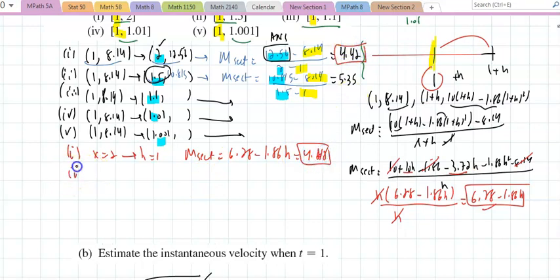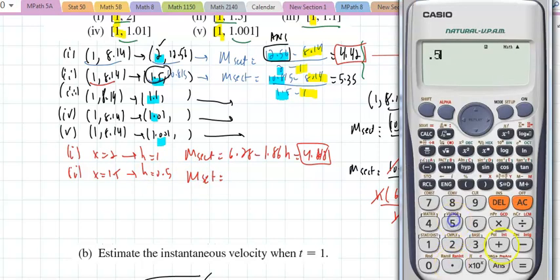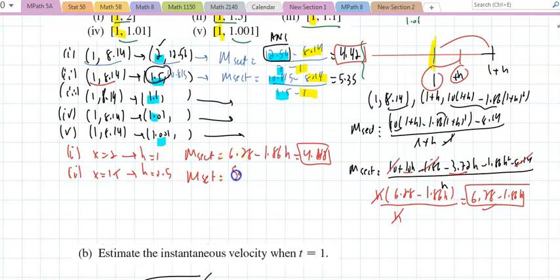When I go for x equal 1.5, I was at 1, I went to 1.5. What's h? 0.5? The slope of the secant would be what? Well, let me just go in there and plug in a 0.5, and that should take care of it. 0.5, 5.35.